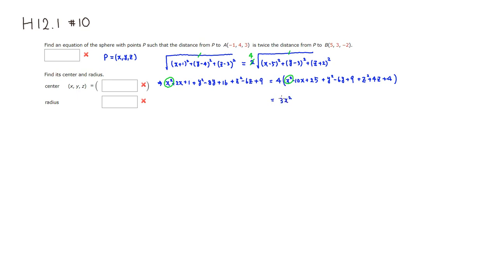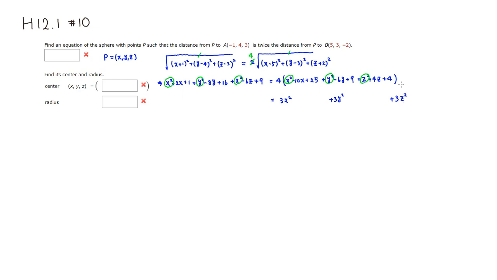Then the y squared terms: again, we're going to have 3y squared. Then for the z squared terms, it's 4z squared again, so we're going to have plus 3z squared.